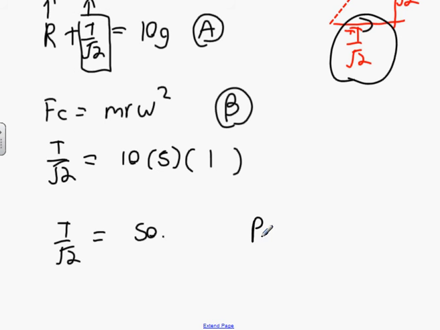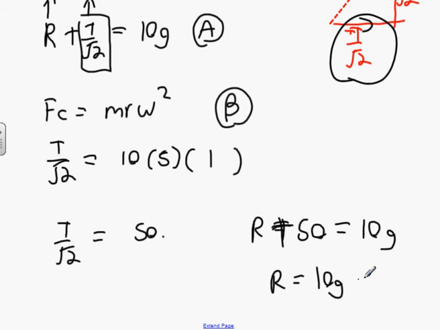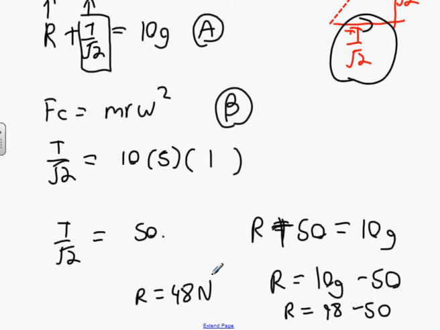So R plus 50 equals 10g. R equals 10g minus 50. G is 9.8, remember? So it's going to be 98 minus 50. Your reaction force, therefore, is 48 newtons. Good with that? Okay, let's move on to the next one.